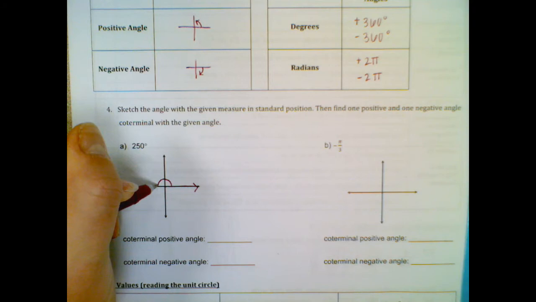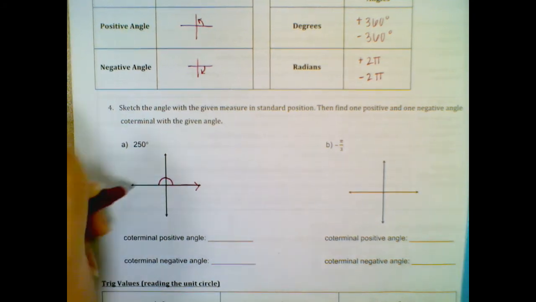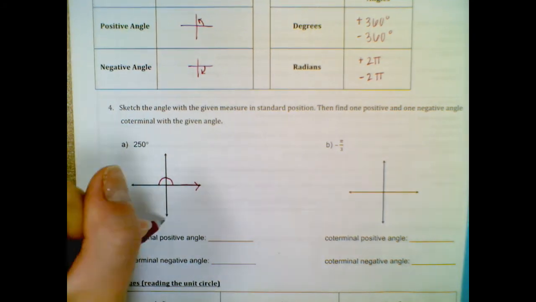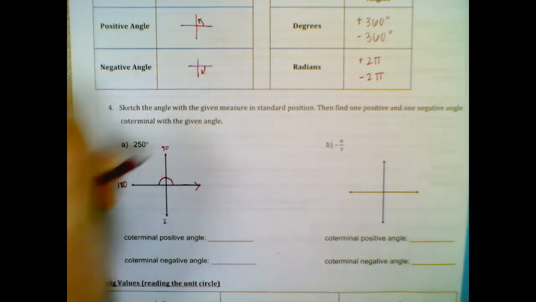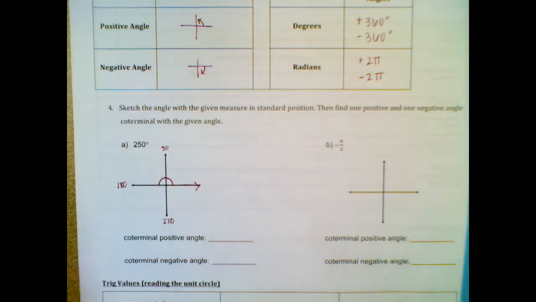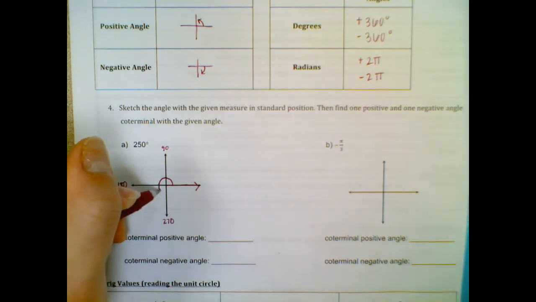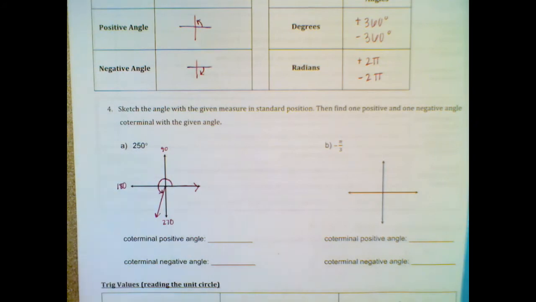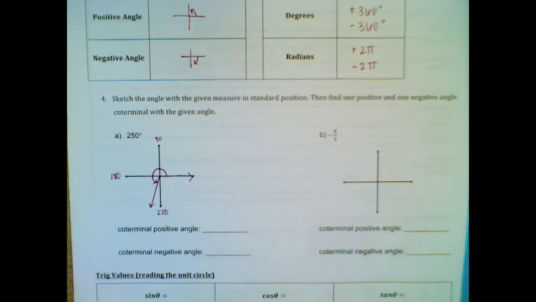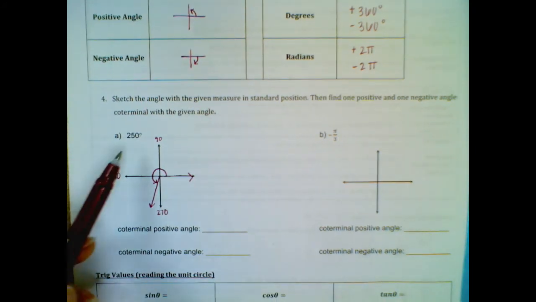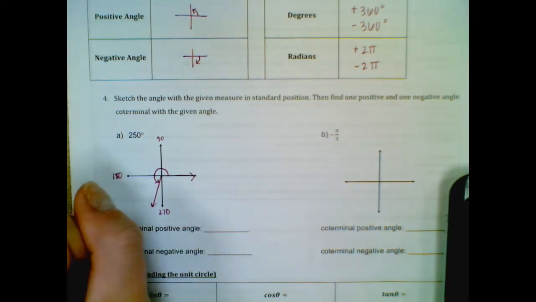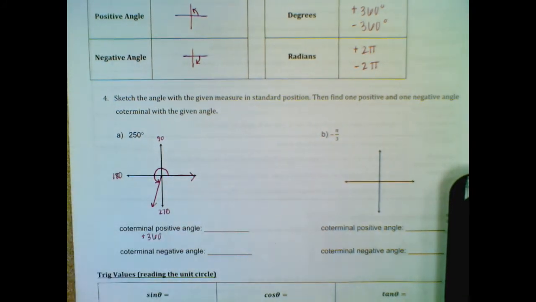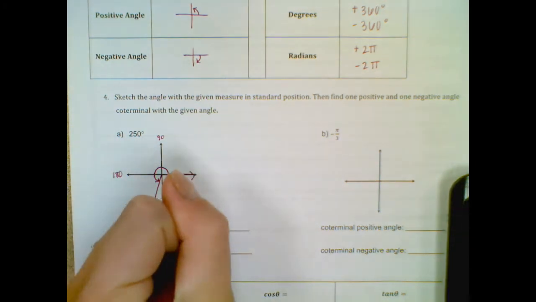This is 180, okay? Half a circle is 180. This was 90. 180 plus 90 is 270. If I want to get to 250, I need to go about here, like 20 degrees less than 270, right? And that's it. Now a positive coterminal angle, we are in degree mode, so I can actually add 360 to 250. So 250 plus 360. I got 610.